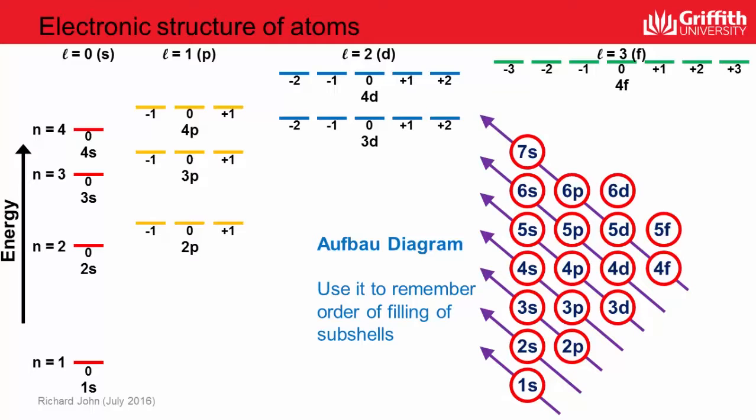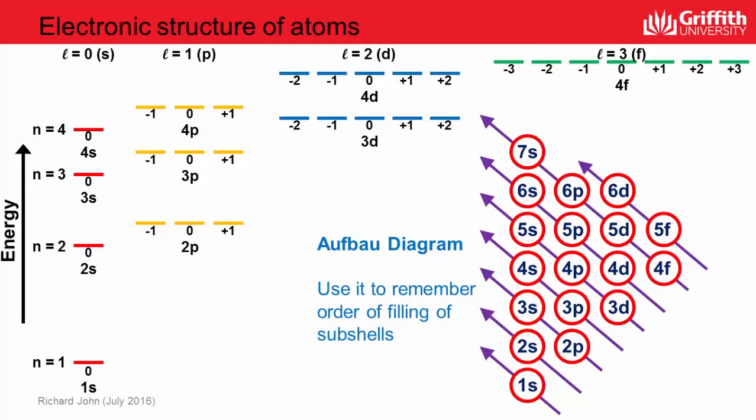So we fill 4f, 5d, 6p, 7s, and then finally 5f and 6d. By the time we get to this level here, we've exhausted all the elements in the periodic table. We've gone up beyond 92 electrons, which represents the uranium atom, which is the last of the naturally occurring elements.